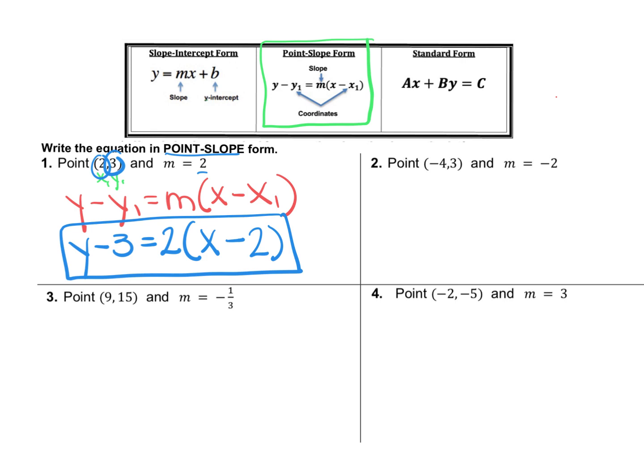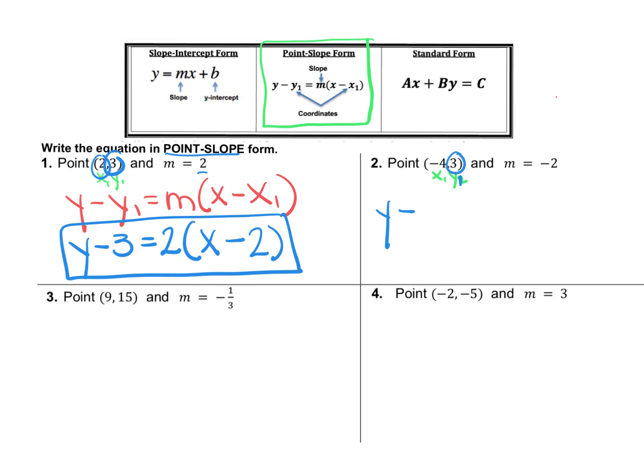So again, for number 2, you're given the point (-4, 3), and it's very helpful to label your points x1 and y1 so you know where they're going to go. Now we're going to plug it into the point-slope formula. You'll take y minus our y1, I'm sorry, that should have been a 1.